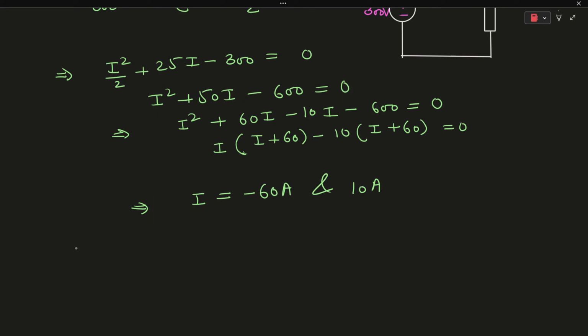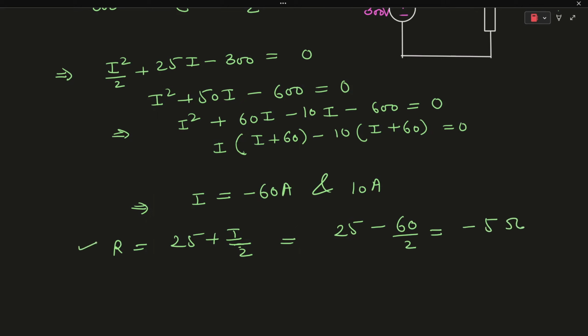Also, we know that R is equal to 25 plus I by 2. On substituting the value of I equal to minus 60 amperes, we are getting 25 minus 60 upon 2, which is equal to minus 5 ohms.